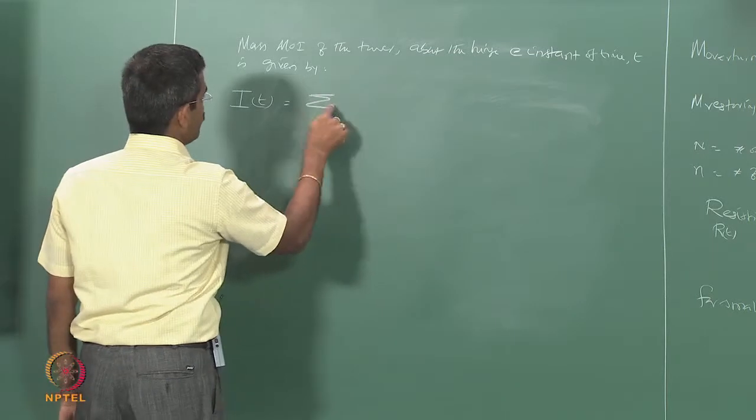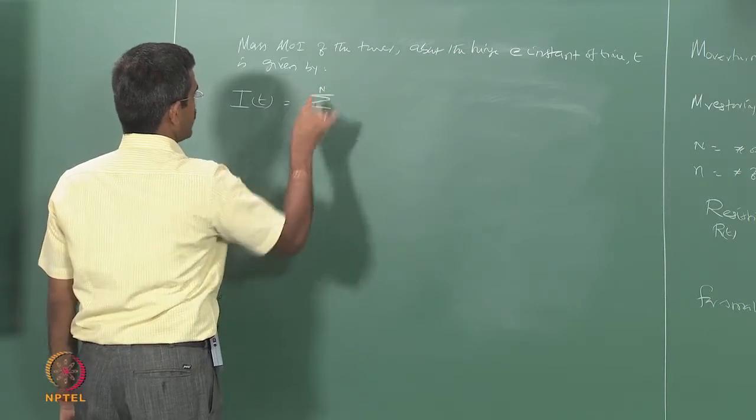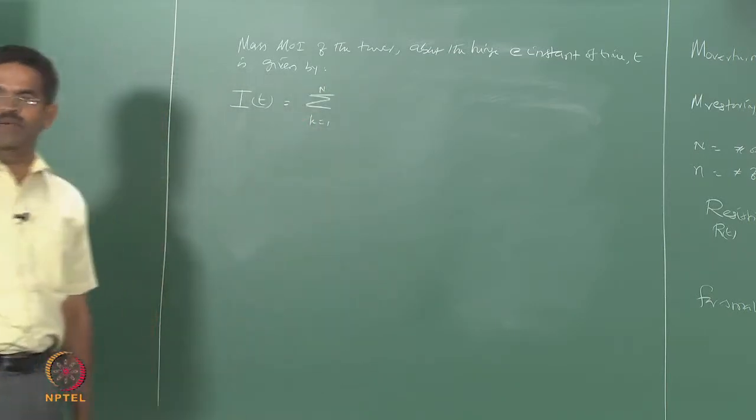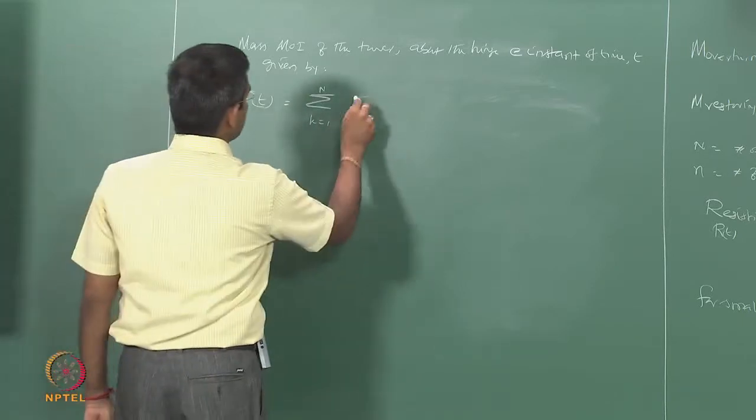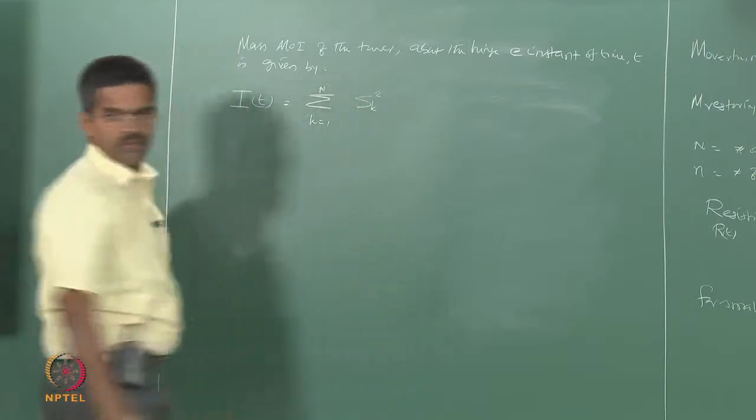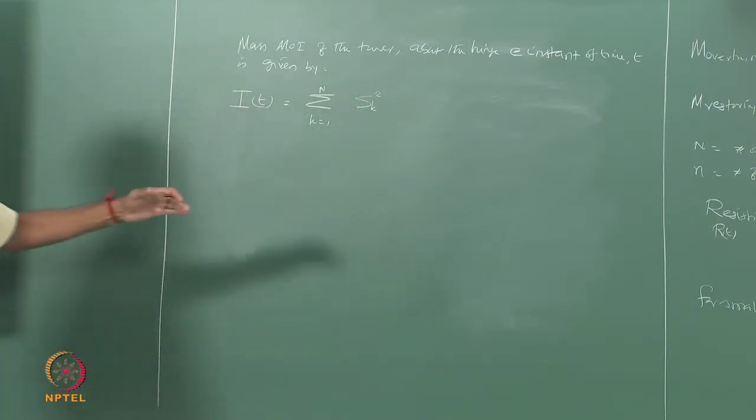So, summation of k equals 1 to n, where k is a count which is running for the number of segments in the given problem. I should say sk square, because I am taking the second moment of area and sk is this distance.